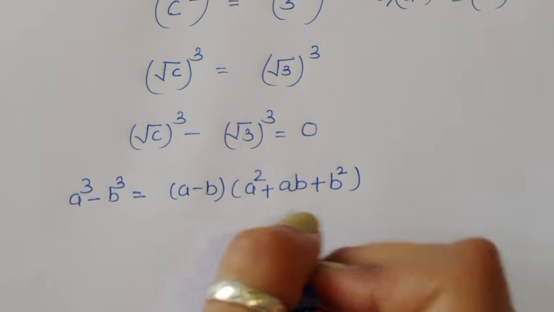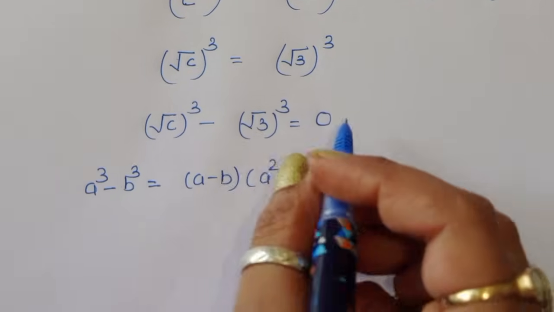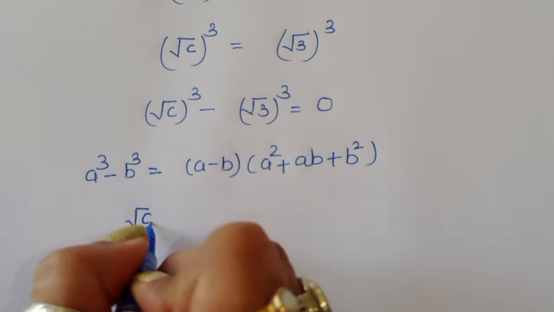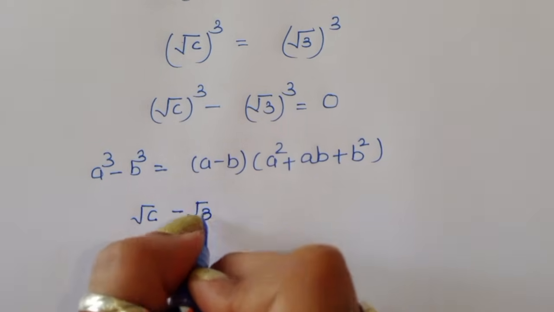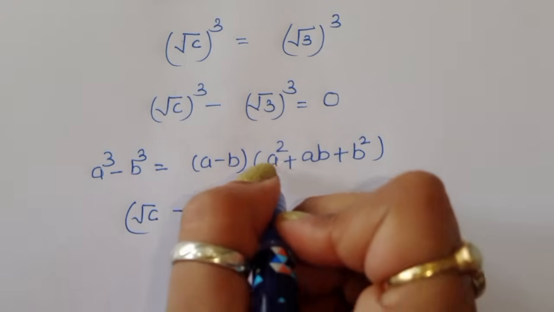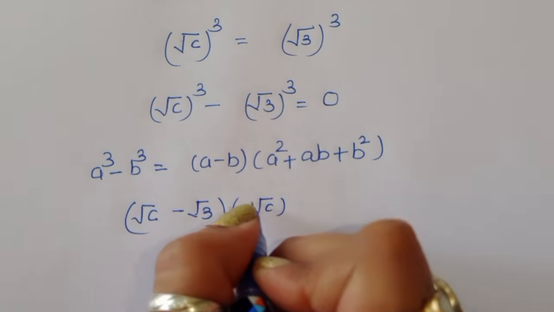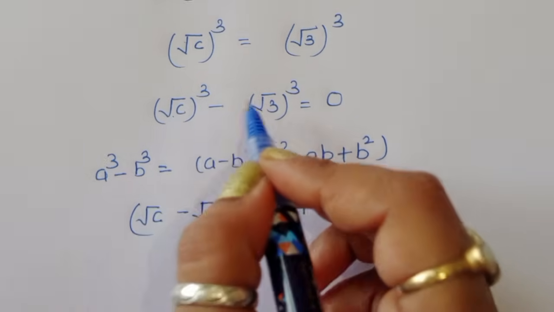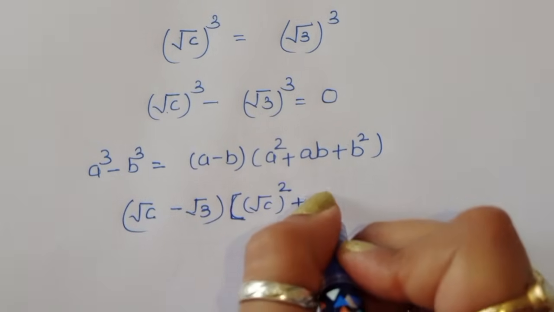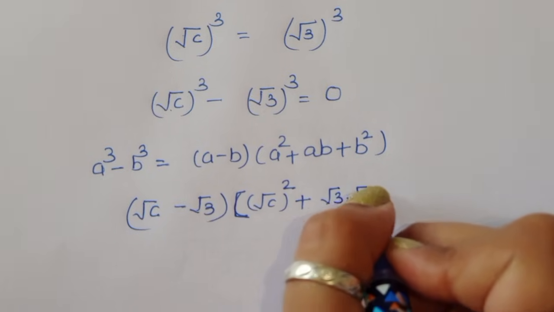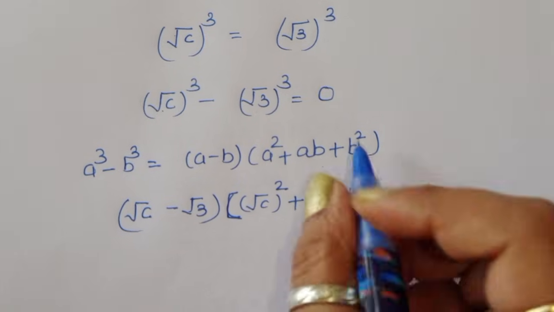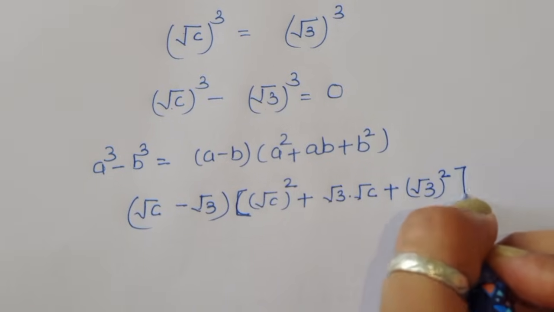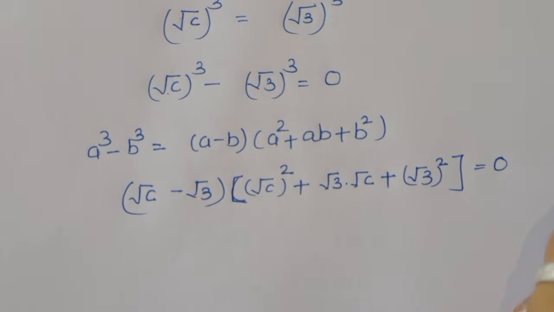Using this formula we can write square root of c minus square root of 3, times square root of c whole square, plus square root of c times square root of 3, plus square root of 3 whole square, is equal to 0.